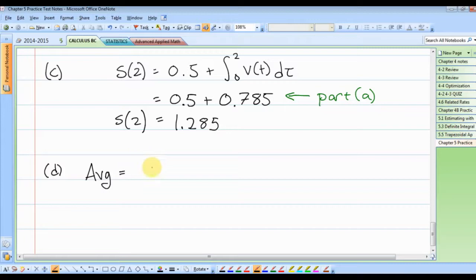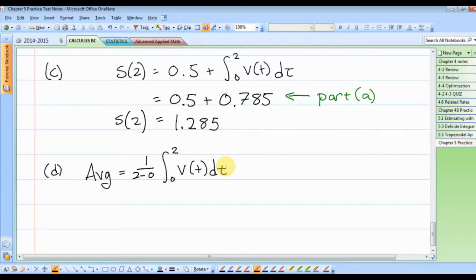So that means I need to integrate velocity. If you're finding average velocity, you need to integrate velocity.